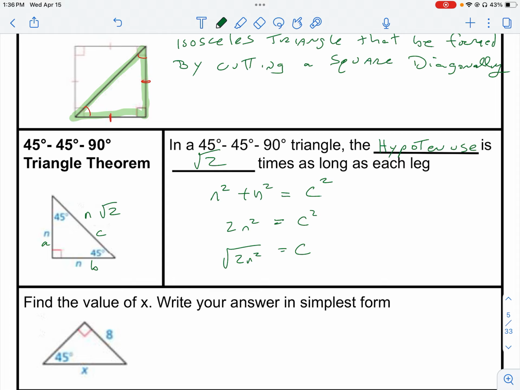So we have a, b, c here, and then n square root of n comes out, and we're left with radical 2 equals c. So we know that if we just multiply each leg by radical 2, we're going to get the hypotenuse in an isosceles right triangle, or 45-45-90, whichever we want to call it.